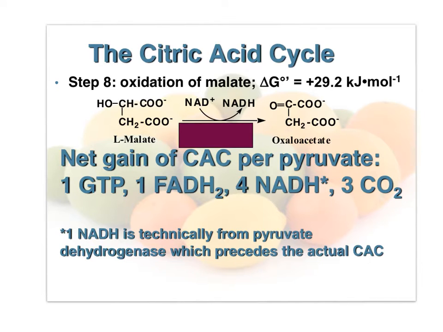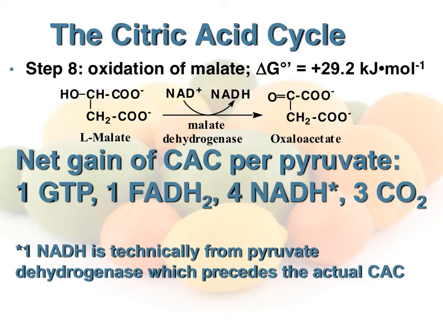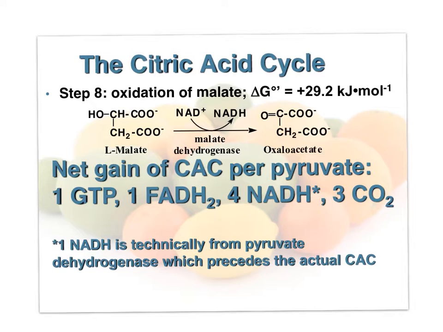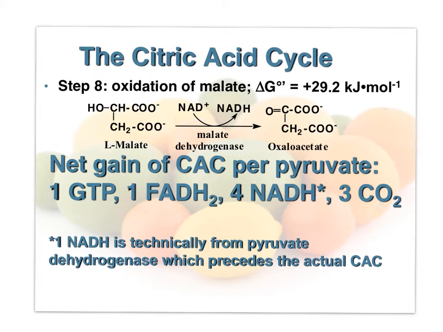It's malate dehydrogenase. There's cytosolic and there's mitochondrial versions. For this one, if you wrote malate dehydrogenase, I'd give it to you. But when it's part of the citric acid cycle, technically it's going to be the mitochondrial version.